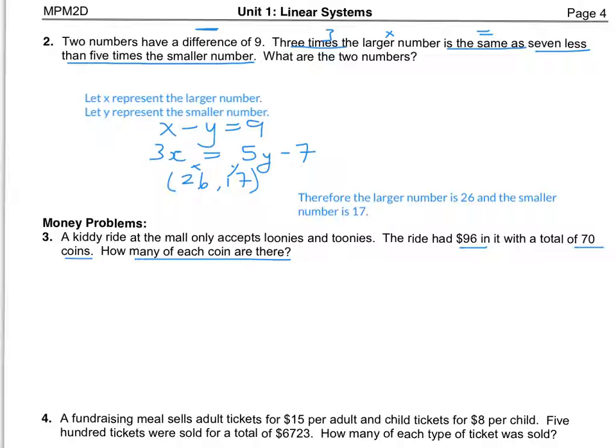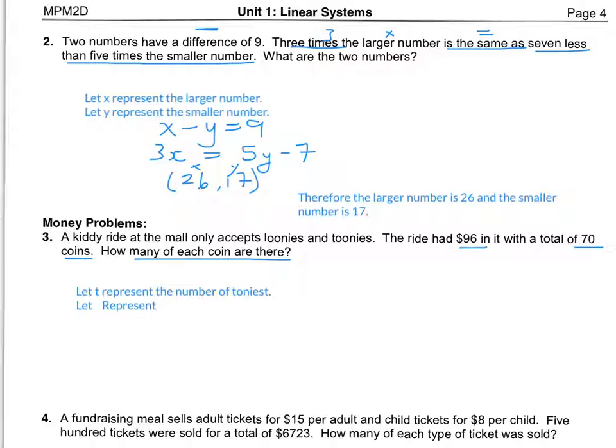So when I put my let statements in, I'm going to let T represent the number of toonies, and let L, I hesitate to use L only because it looks like the number 1. If I was just writing this in my own handwriting, in fact, maybe I can do that.